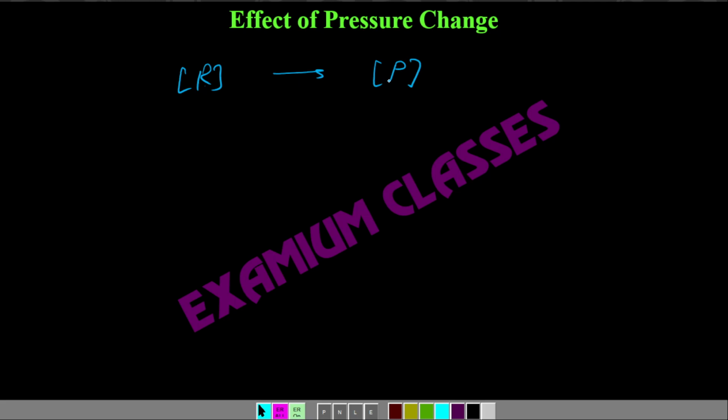Suppose you have a reaction, PCl5 gives you PCl3 and Cl2. You have 1 mole here and you have 1 plus 1, total 2 moles here.